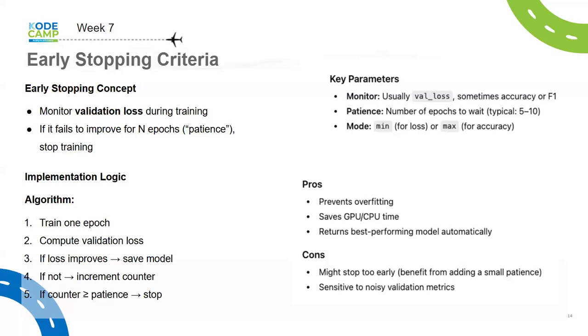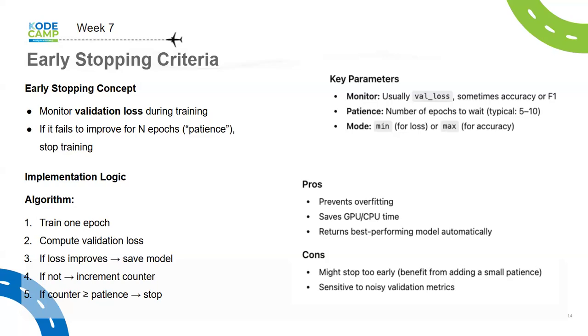And if you are implementing early stopping, then that algorithm ensures that you are actually saving the weights of your best model at every point in time. So if the loss improves, you save the model. Even though you increment the patience counter, that counter is what you use to count how many epochs you should wait before the early stop.